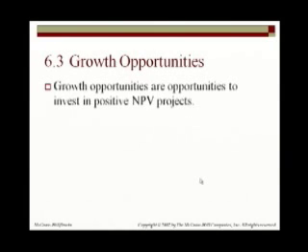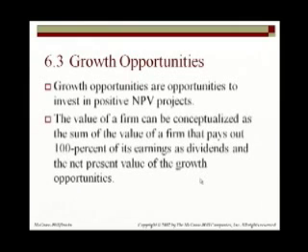And conceptually, we can think of a firm as the sum of two pieces. One, the value of the firm if it had no growth opportunities, and we'll add to that the present value of its future growth opportunities. In other words, if the firm had no growth opportunities, it would not invest any of its earnings.